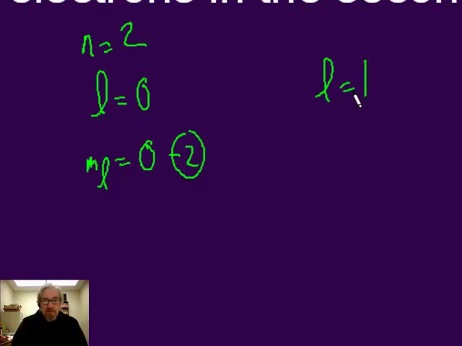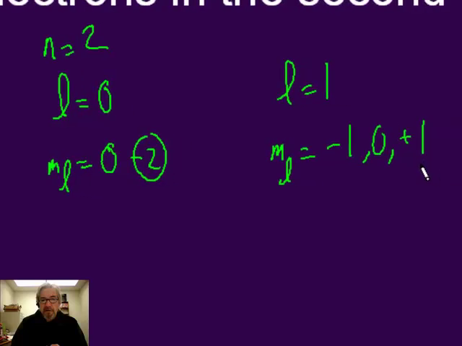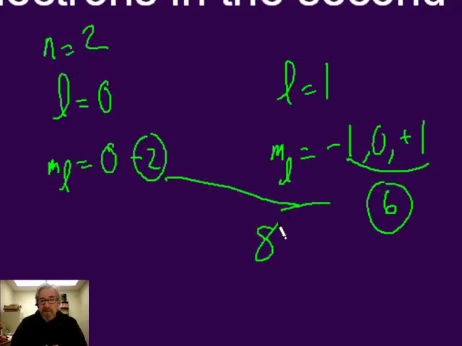And in that case, we saw that M sub L could be negative 1, 0, and positive 1. So there are 3 possible orbitals. Each orbital can contain 2 electrons, and so that makes a total of 6. So if you sum these 2 together, that means the maximum population in the second level is 8. The maximum population in the first level is only 2, because there's only one orbital in an S sublevel.